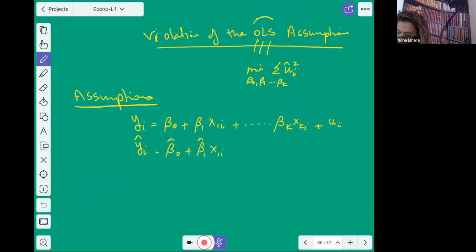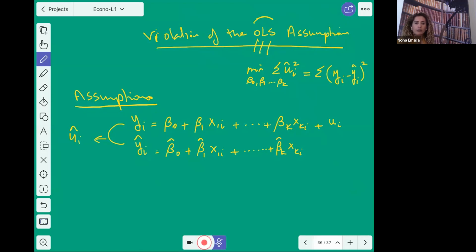This is just the data set that you have, plus beta hat k xki. And the difference between this one and this one would give me the amount of errors. Or you can say here that this one is the sum of the difference between yi minus yi hat, you square it. So the difference between these two would give me the amount of estimated errors.